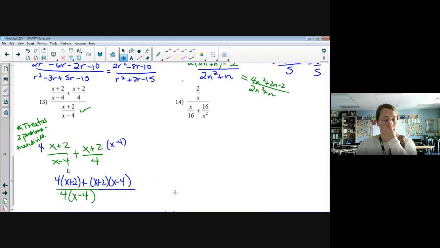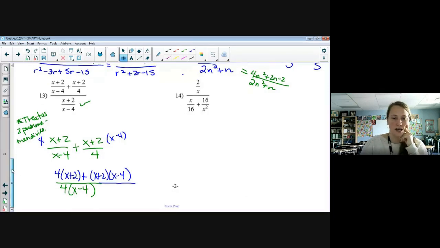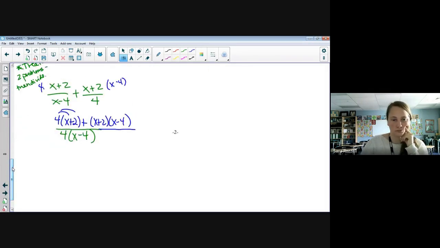I'm going to combine all my like terms and stuff. I'm not going to multiply the denominator out because it's going to help me cancel things out on top in a minute. And all my foiling. So 4x plus 8 plus x squared minus 4x plus 2x minus 8.